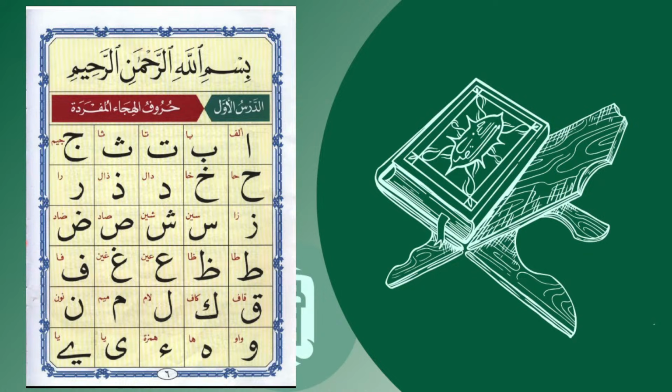Next box, which is the last box on the first line, Jim. Going back to the first box, first line: Aleph, Ba, Ta, Tha, Jim.